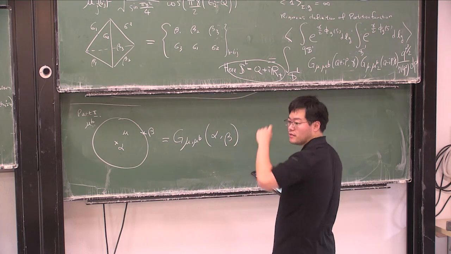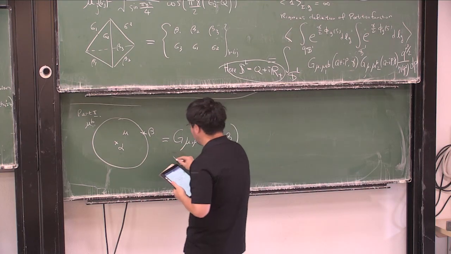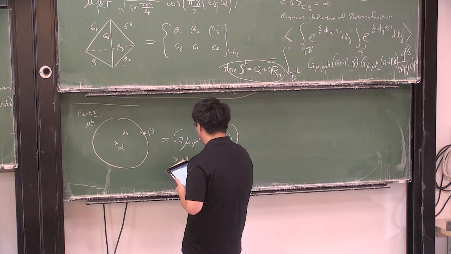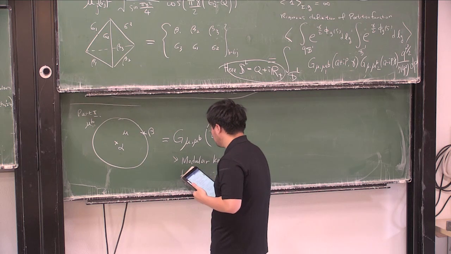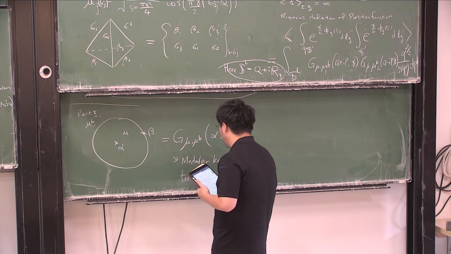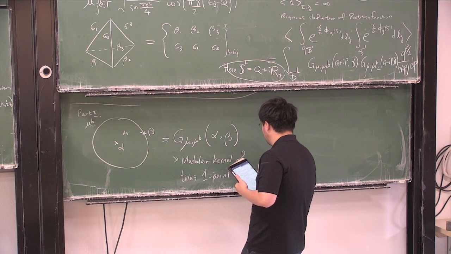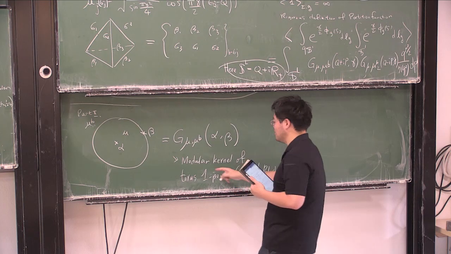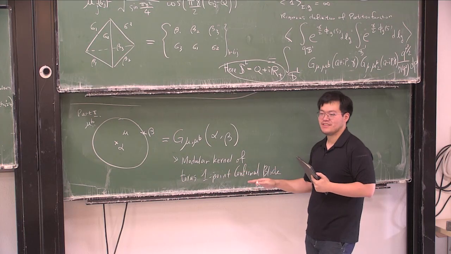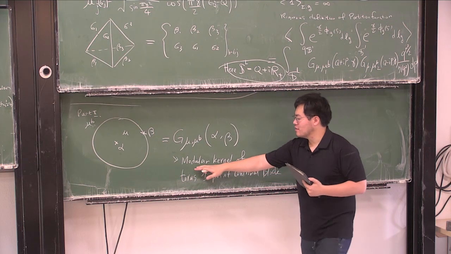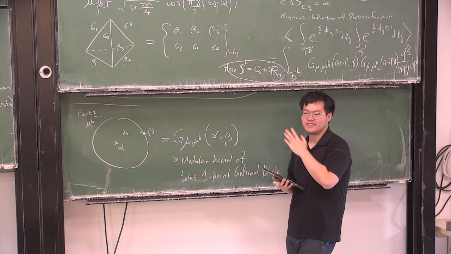But the most important thing is that this one corresponds to the modular kernel of the torus one-point block. This function, the modular kernel, was introduced by Teschner.